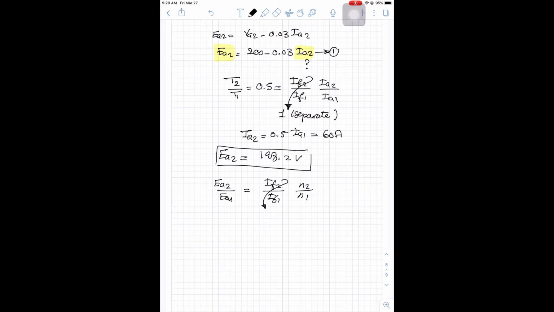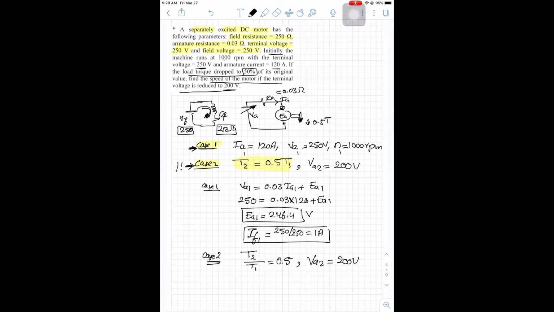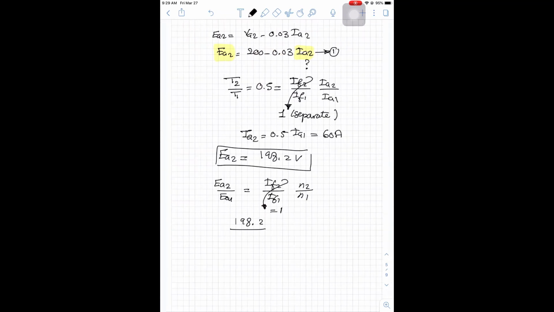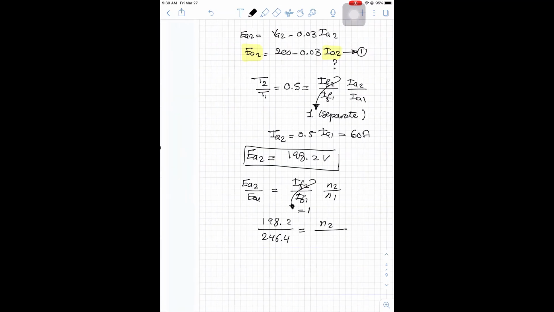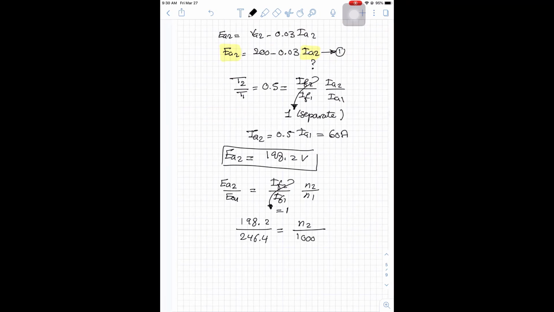IF2 divided by IF1 is 1, so we can substitute: 198.2 divided by EA1, which is 246.4, equal to N2 divided by N1, which is 1000 RPM. The only unknown in this equation is N2, so we can calculate N2.